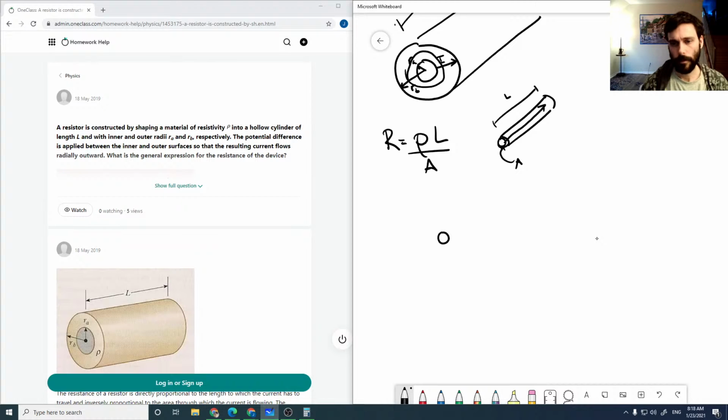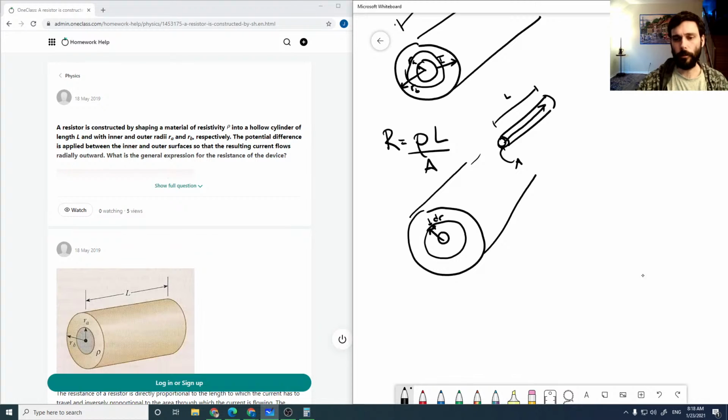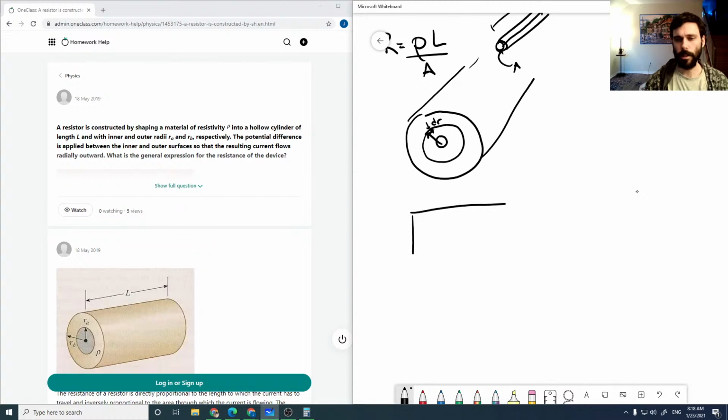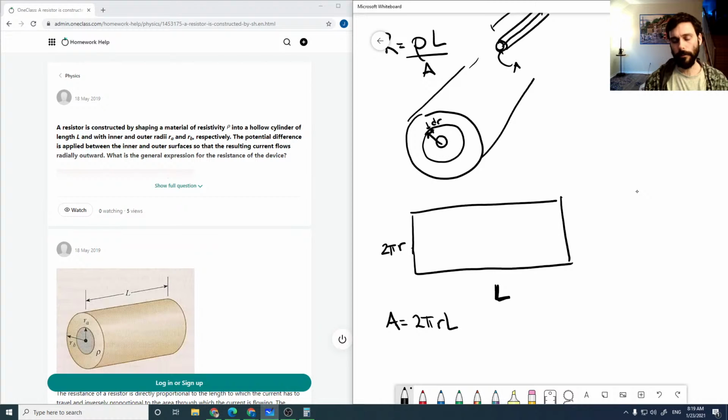So if I imagine some length dr, which is at a distance r from the center, and I have my full length, if I unroll that into a sheet, then I have a width of L and a length of 2 pi r. So my area is 2 pi r L.